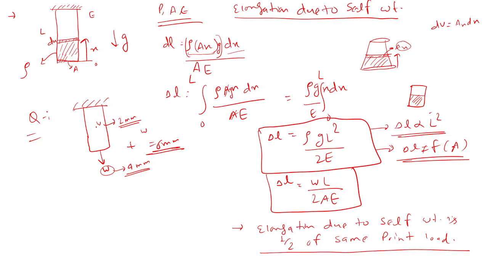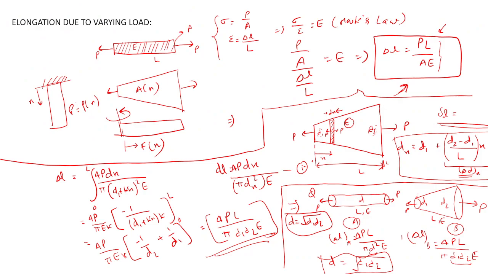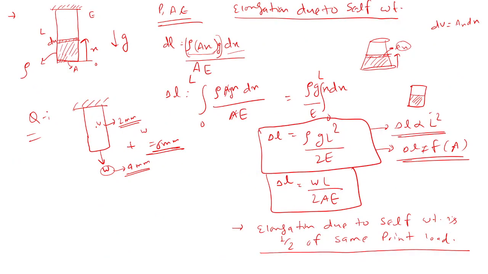Sir, one thing: for the previous equation, what did you tell about the function of area? On this slide, delta L is proportional to L square and not a function of area. Now let's suppose in one problem the area is 1 mm square, and in another problem the area is 2 mm square. Would there be any change in the delta L or not?